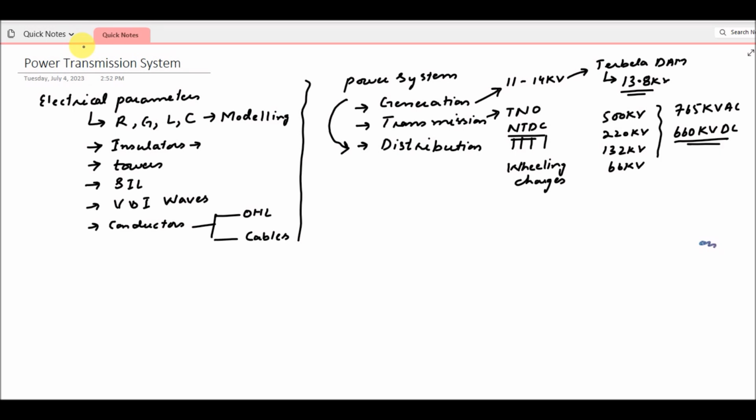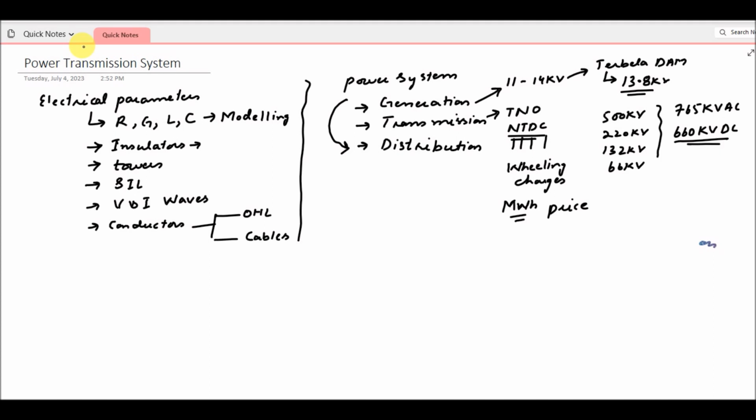For every megawatt hour they charge some price, and this is how they are earning money. So NTDC gets wheeling charges for every megawatt hour for taking power from generation to distribution.